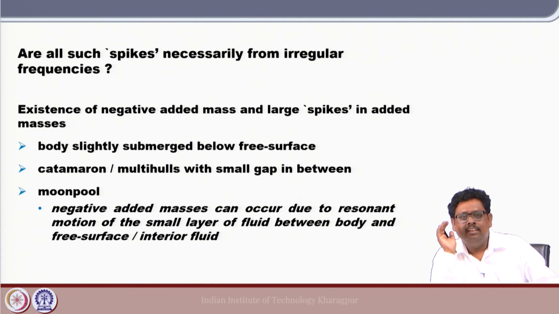The answer is that the existence of negative added mass and large spikes in added mass is possible in certain cases. When the body is slightly submerged below the free surface, this spike is possible.